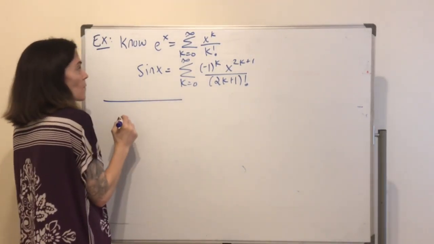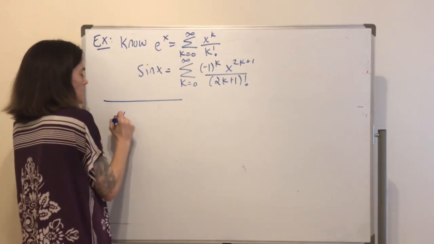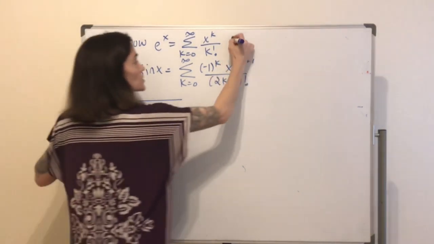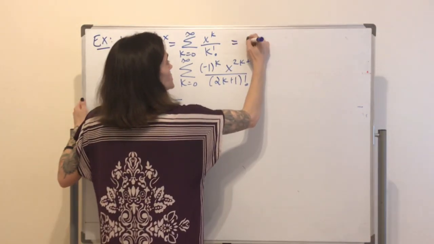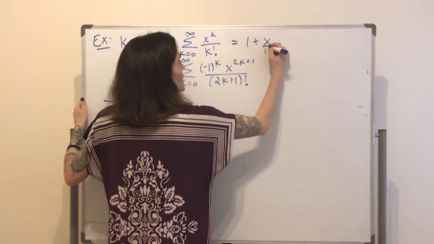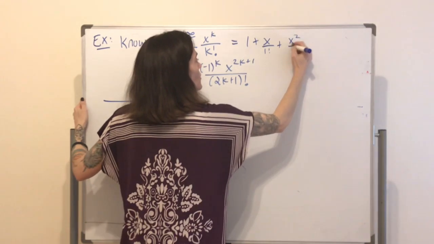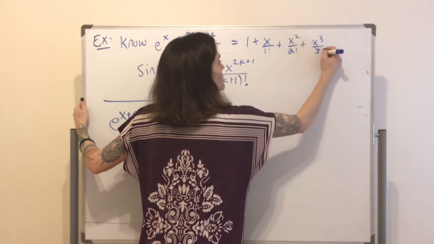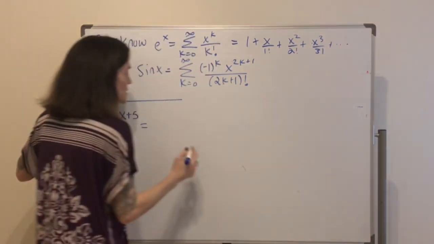So let's do this: e to the x plus 5. Maybe I will write out some terms. Here, e to the x is 1 plus x over 1 factorial plus x squared over 2 factorial plus x cubed over 3 factorial. Let's write out some terms here.